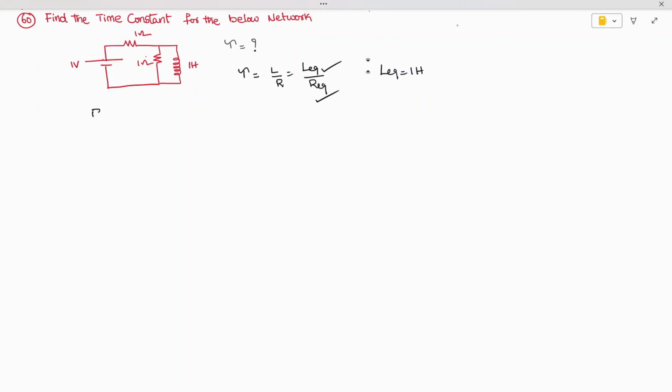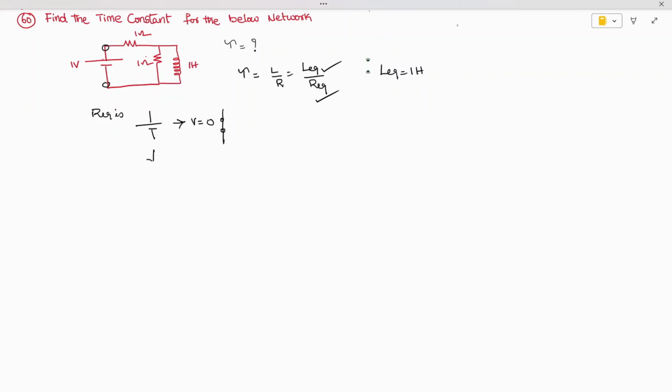The procedure of finding R equivalent is, this 1 volt voltage source has to be short circuited. If voltage sources are there, deactivate them. Deactivating a voltage source is nothing but making the voltage zero, which is indirectly short circuiting a voltage source.